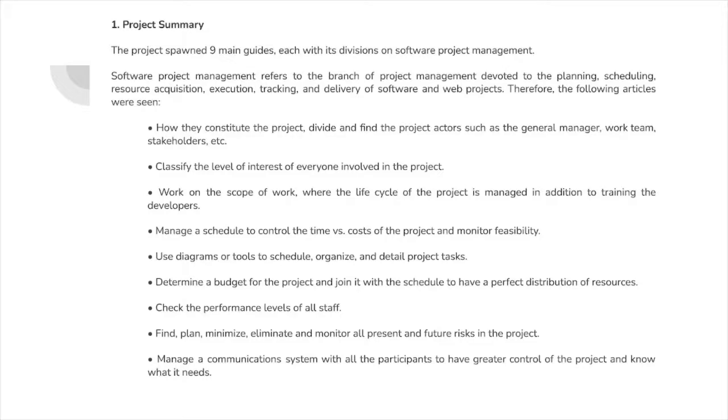involved in the project. Work on the scope of work, where the life cycle of the project is managed, in addition to training the developers. Manage a schedule to control the time versus cost of the project and monitor feasibility. Use diagrams or tools to schedule, organize, and detail project tasks.